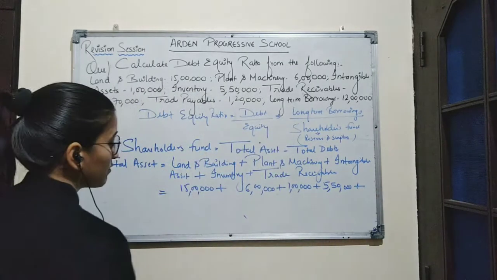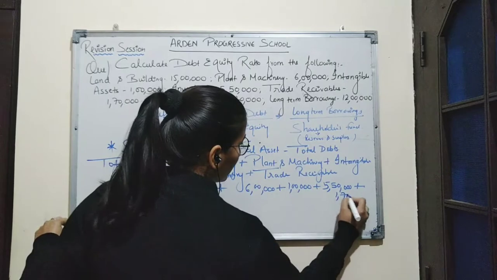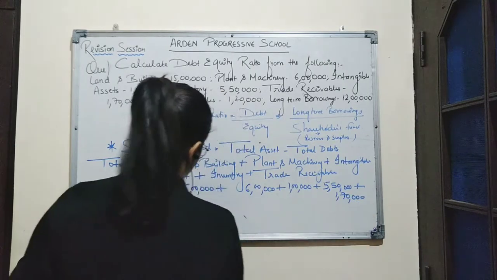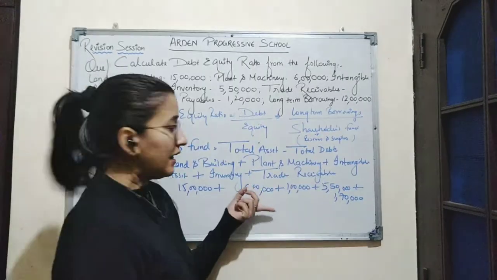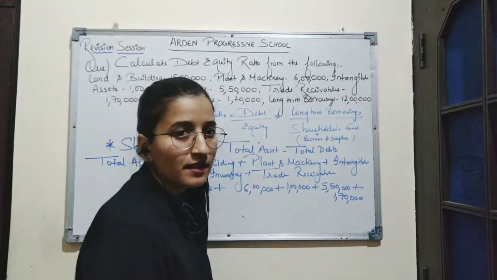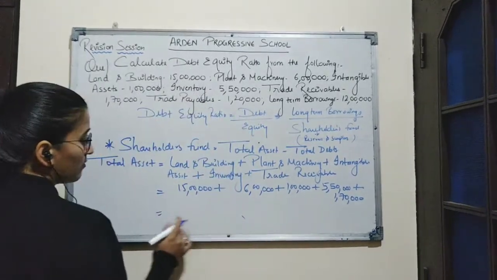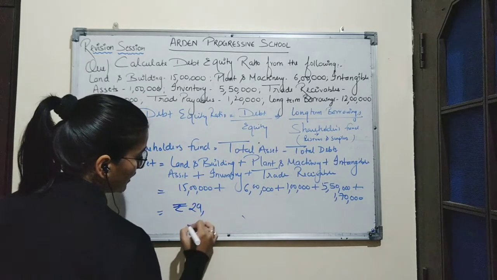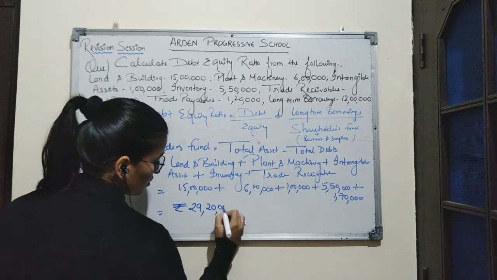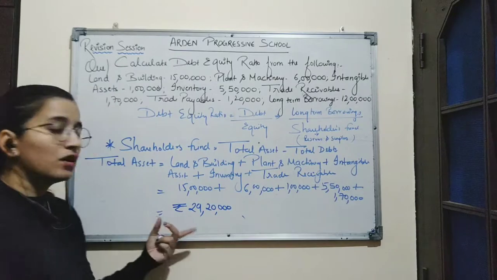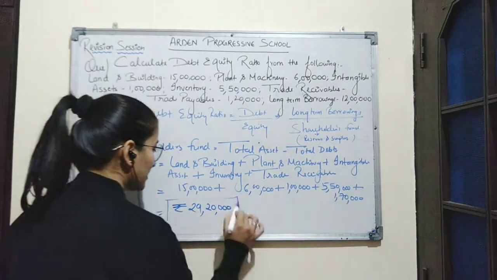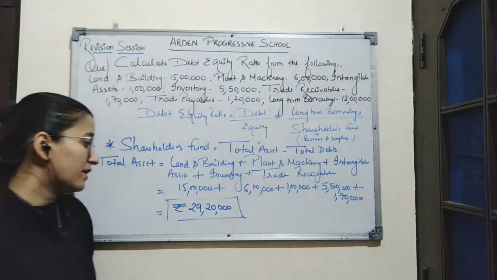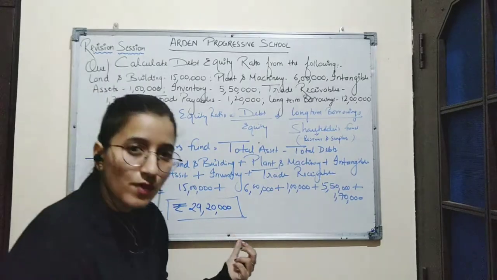And trade receivables rupees 1 lakh 70,000. So by adding the amount of all the current asset and fixed asset, we get the amount rupees 29 lakh 20,000 as total asset. So total asset is amounted to rupees 29 lakh 20,000.